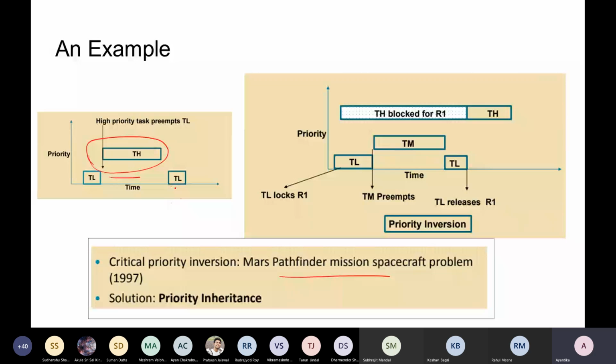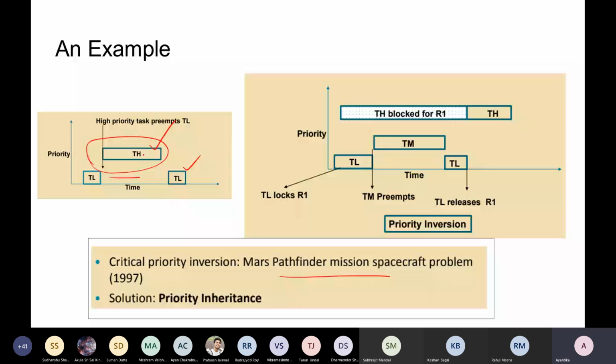This was implemented and we still follow it. There is another added challenge when there is sharing of resources between the high priority and the low priority task. What will happen if both are sharing some resources, and at the time when the high priority task enters the system, the low priority task has locked some shared resource, if it is working with some shared resource?